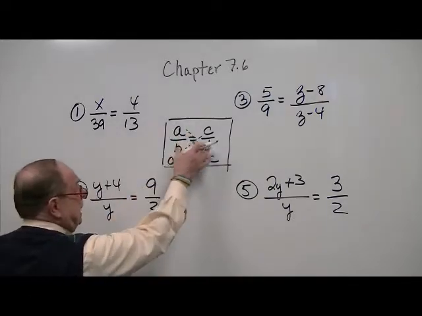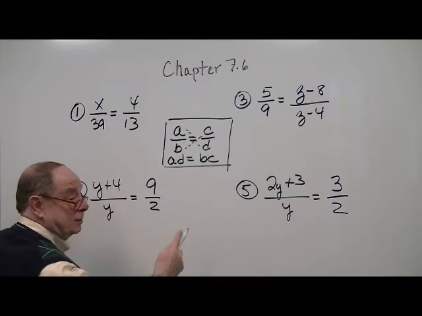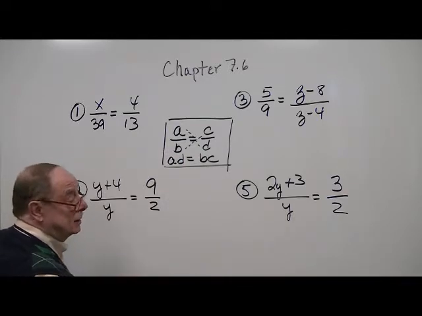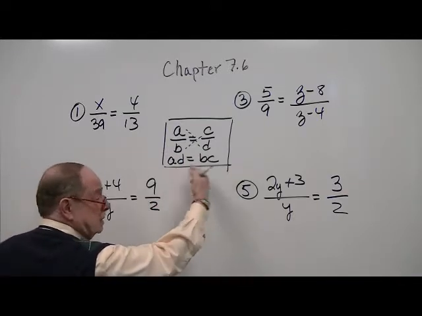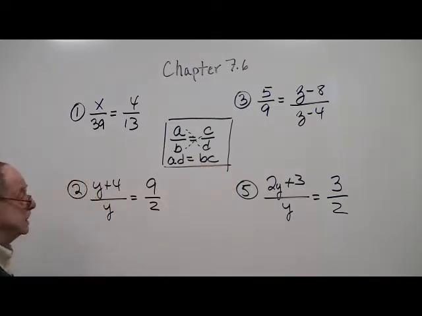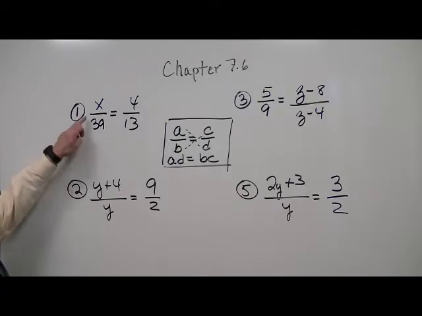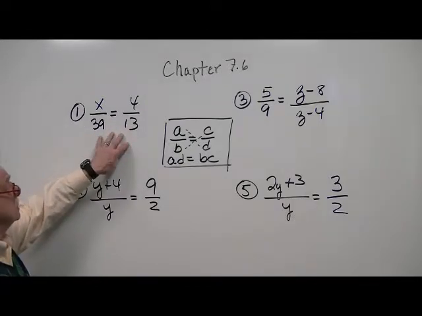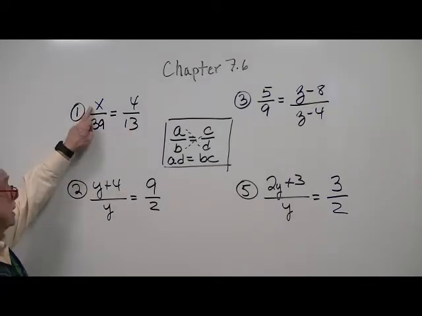Now, if three of these items are numbers, we're just left with one letter that's now without fractions, so to speak, and then we solve for that missing letter. As we see here, we have three numbers and just one letter.